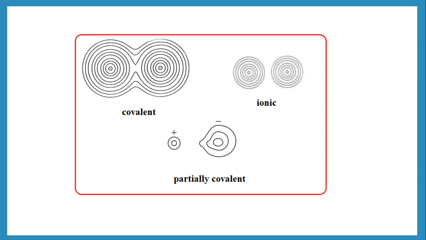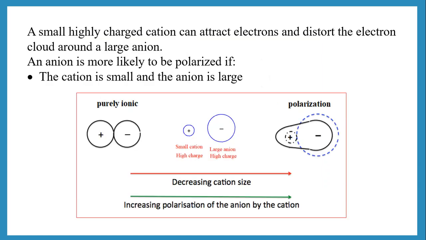That indicates that this molecule has a partial covalent character. It is not exactly ionic, in which each of the ions is independent of the other. The electron cloud around the negative ion is slightly pulled towards or distorted towards the positive ion.